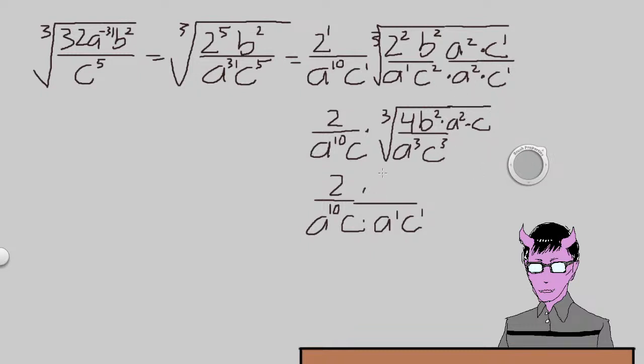Alright, so cubic root, none of these should be divisible by 3 because of the mechanics. So b to the power of 2, a to the power of 2, and then lastly times c to the power of 1. Drag it all the way over. This is a mess.